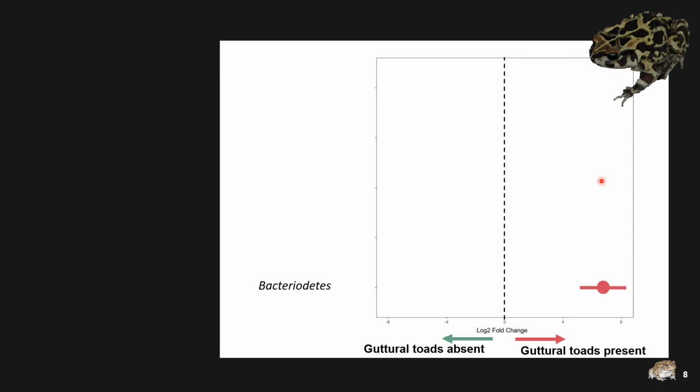So what we first see is there's a sudden increase in this species, which is called Bacteroidetes. It is very similarly pronounced to the previous species that I mentioned in the previous plot, but it's not the same genus. So this species has quite a diversity of pathogens, which usually stimulates a really strong immune response from the host species.